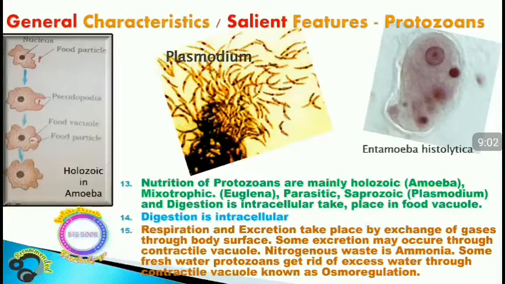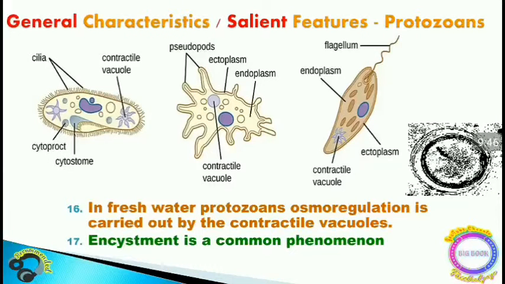Some freshwater protozoans get rid of excess water through the contractile vacuole, known as osmoregulation. So it is very clear that respiration is done by the exchange of gases through the body surface, whereas excretion is done through the contractile vacuole, where the nitrogenous waste is ammonia. They balance water with the help of osmoregulation.